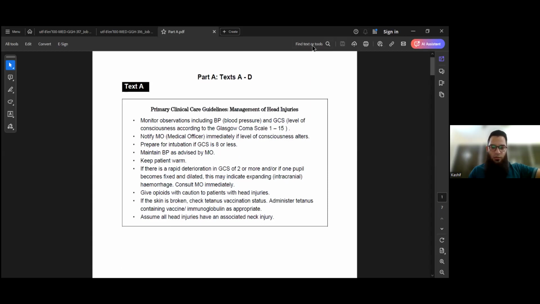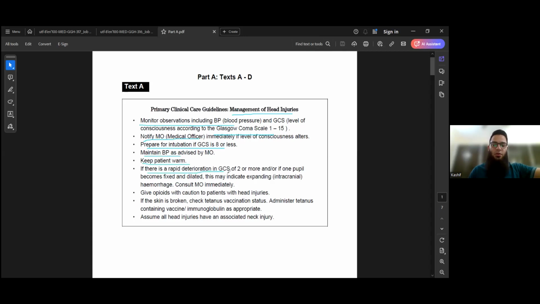It's actually just guidelines. See, management of head injuries, it is just saying that when a patient comes, monitor observations like BP and GCS scale, and then notify the medical officer. Prepare for intubation if GCS is 8 or less. Maintain BP, keep the patient warm.